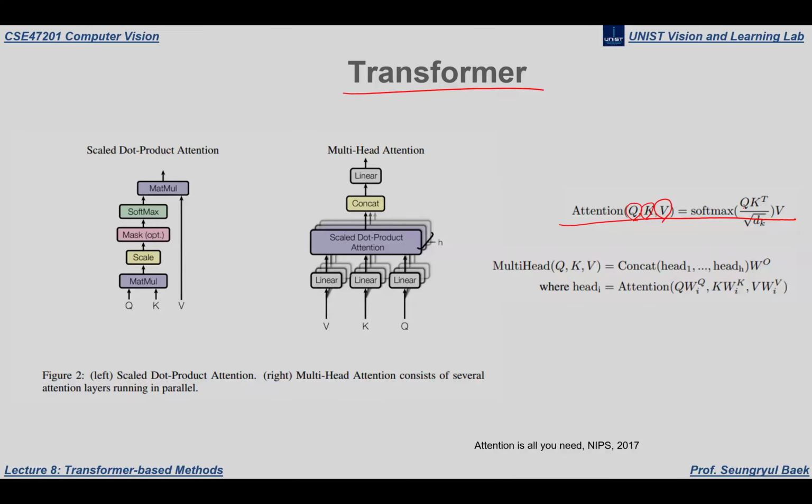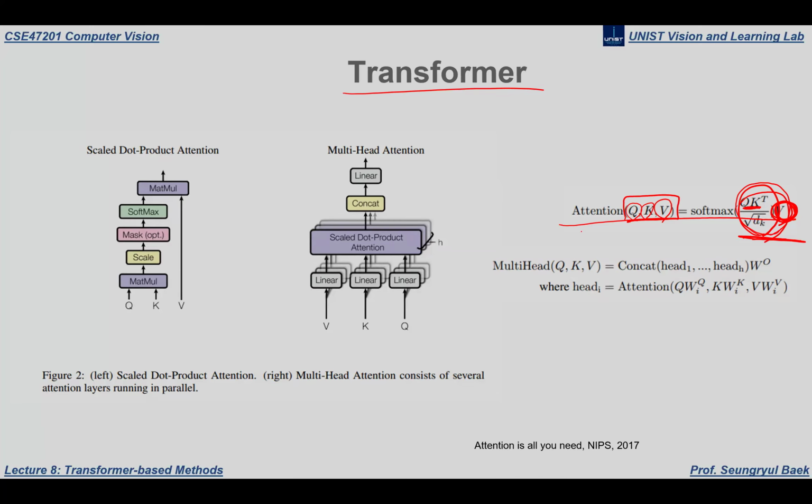We take the dot product of the keys and queries, and using that as the weight, we multiply the values to get the feature. So in the attention mechanism, we are finding the weight between pairwise samples to get the feature for some query. That's the attention mechanism.